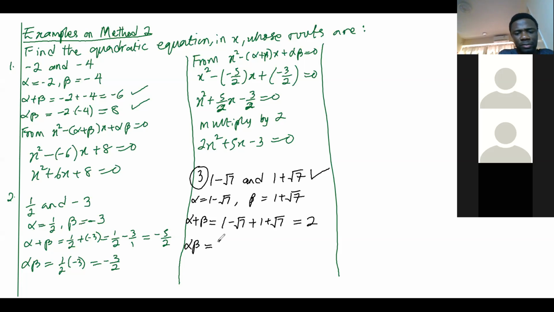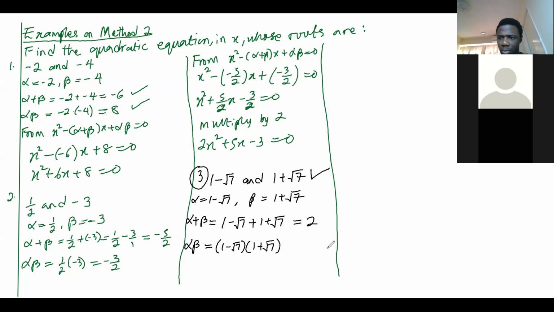So alpha beta is 1 minus root 7, brackets 1 plus root 7. So how do I do this? I'm waiting. You do 1 and then minus root 7 plus root 7.